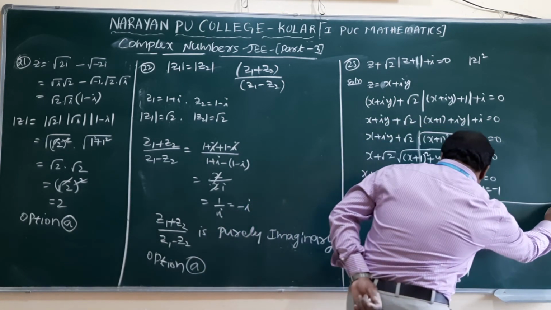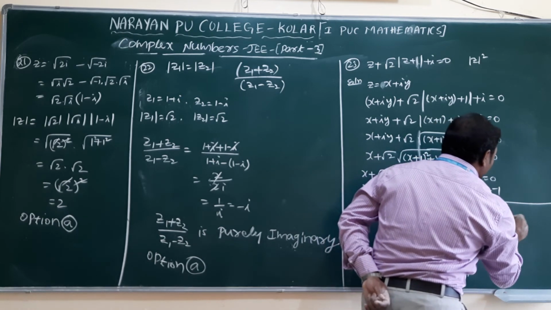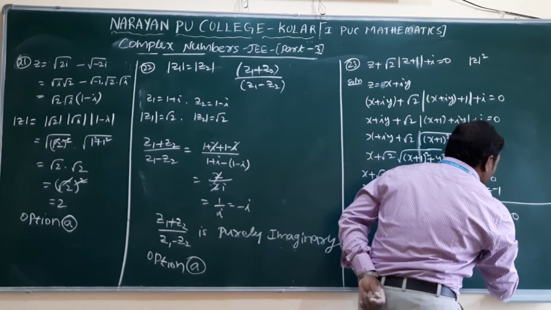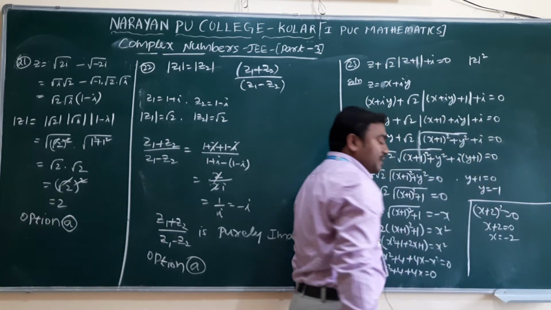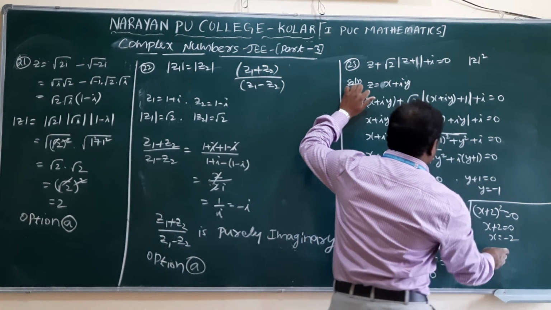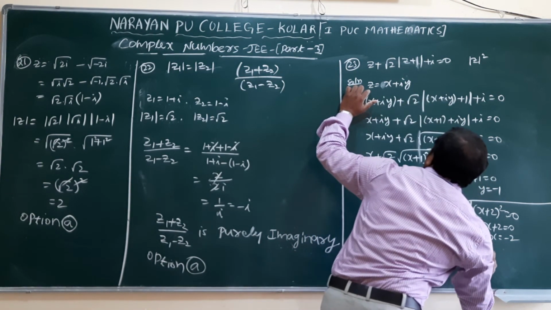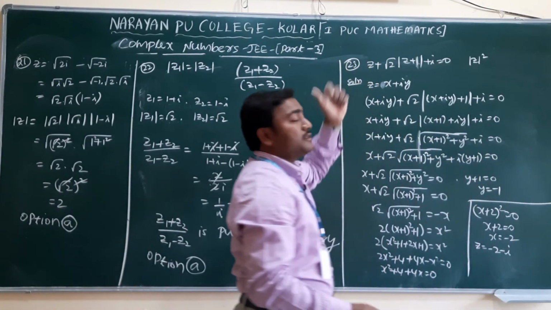It can be written as (x plus 2) whole square is equal to 0. So x plus 2 is equal to 0, x is equal to minus 2. We have taken z as x plus iy, substituting the values of x and y, z is equal to minus 2 minus i. Then we have to find modulus of z square.